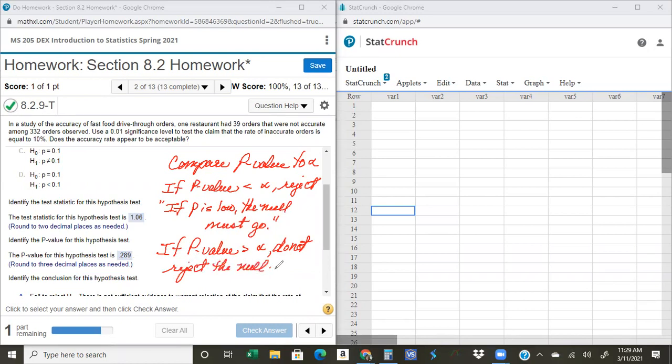This does not mean that we have proved the null hypothesis is correct. It simply means that we don't have evidence showing that it's not correct. Always remember that. You can never prove the null hypothesis is correct. You can only state whether or not you have enough evidence to reject it or not.